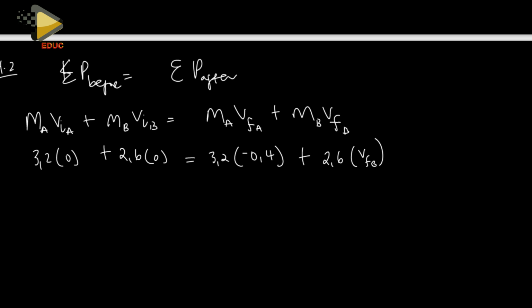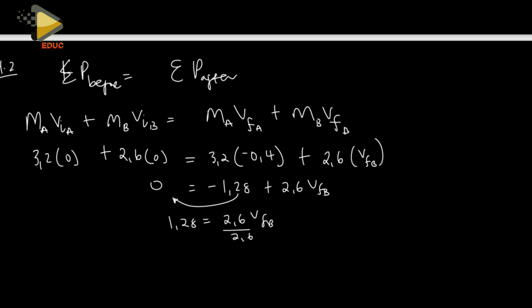So that's going to be 3,2 multiplied by 0,4, which gives me negative 1,28 plus 2,6 VFB, which must give us 0. So I can move this to that side: 1,28 is equal to 2,6 VFB. Divide both sides by 2,6.